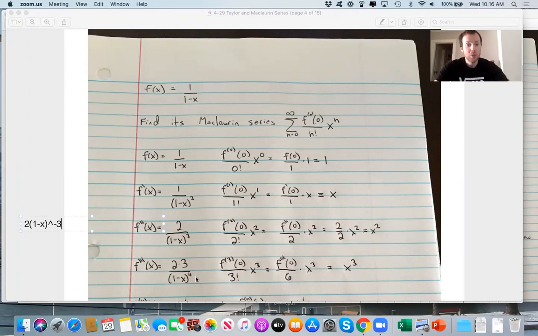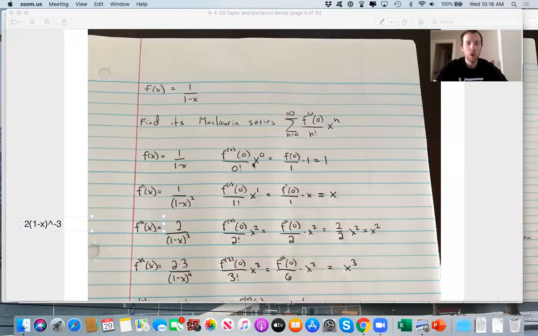Then what we want to do is figure out what are the terms of this series. These are all the derivatives. The corresponding terms are n equals 0. That's the 0th derivative, which is just the function evaluated at the center. 0 factorial is 1. That's just a definition, times x to the 0.